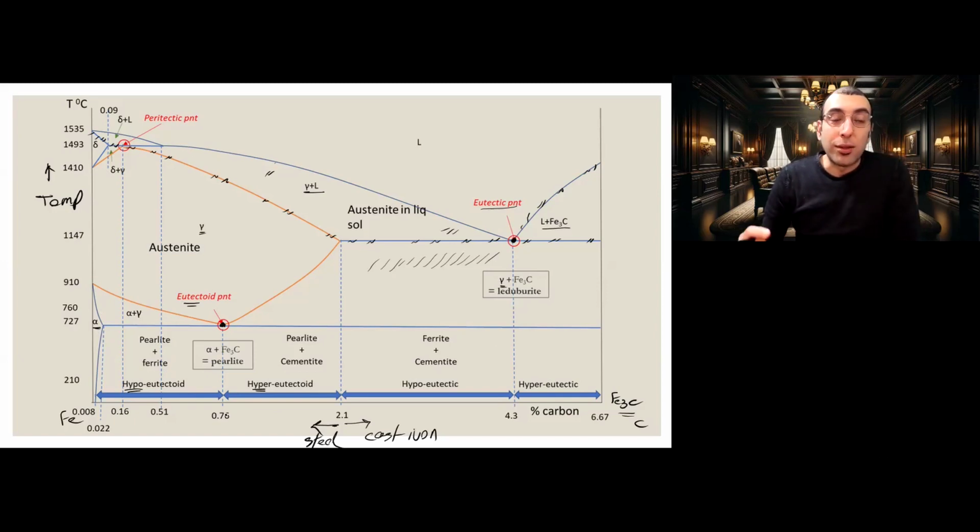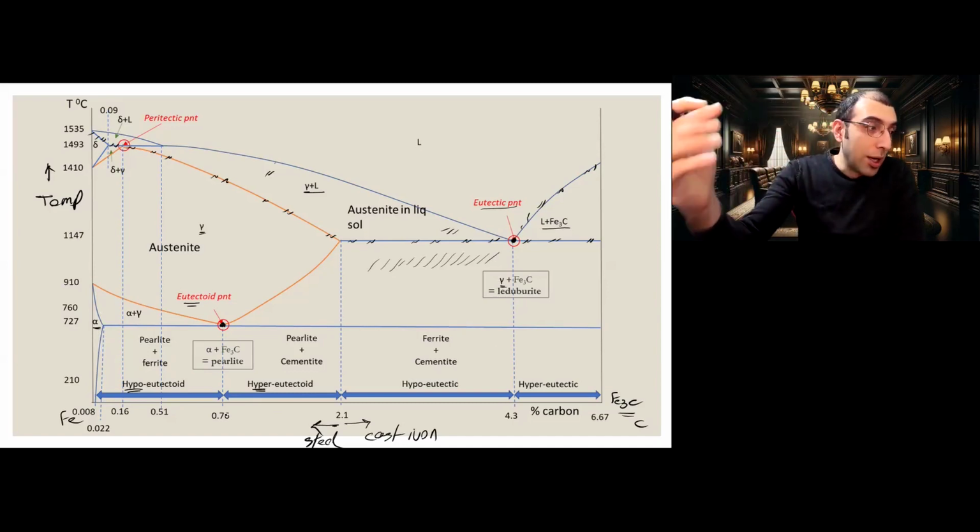That's why in some phase diagrams with respect to carbon composition, everything more than 2.1% is cropped out, because they just want to focus on steel, not anything else. Therefore, that's why you see some of the phase diagrams are cropped out.